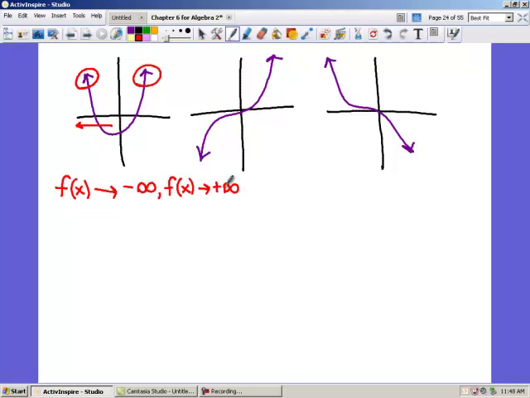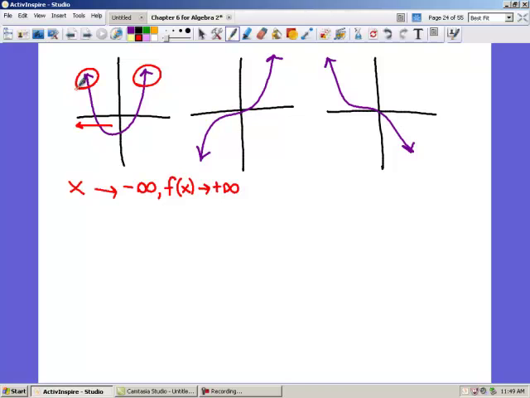And I should have wrote over here, and I'm sorry, should have wrote x. So as x goes to negative infinity, our function goes to positive infinity. So as all these x values are going to the negative direction, our function is going in the positive direction. And this is how you would write it. And now remember, there's two ends to the graph.